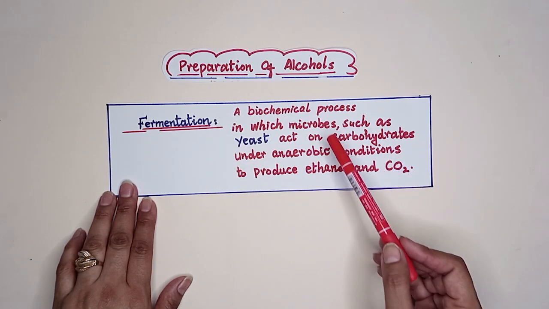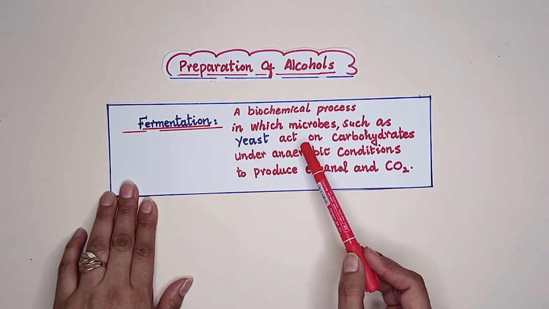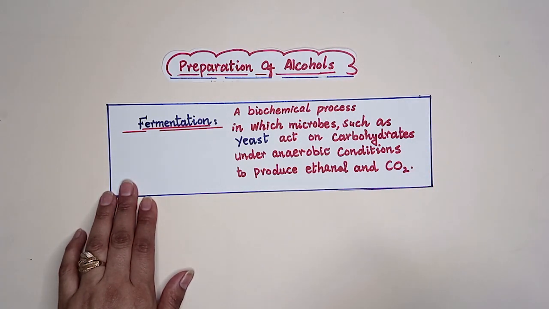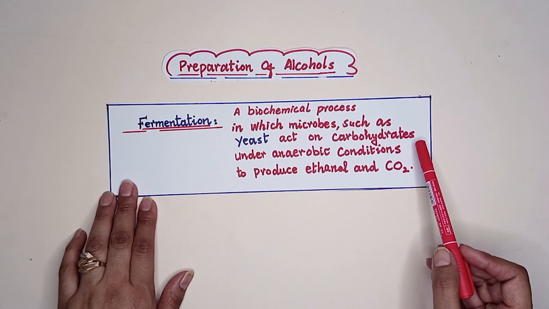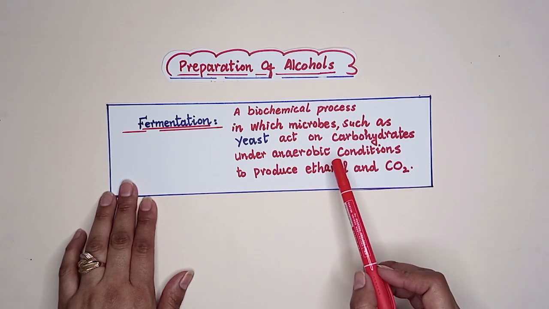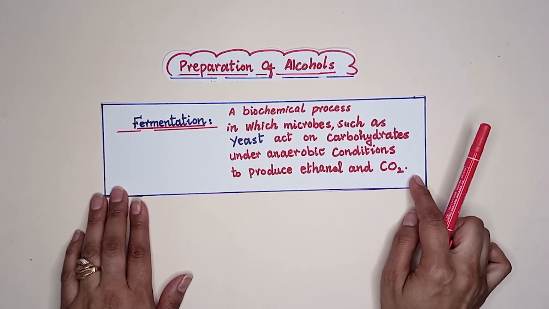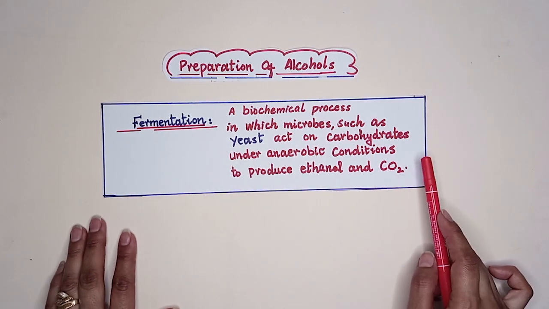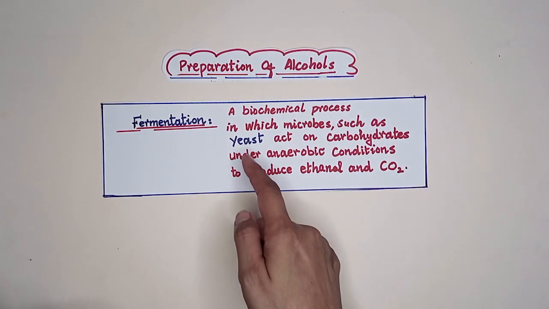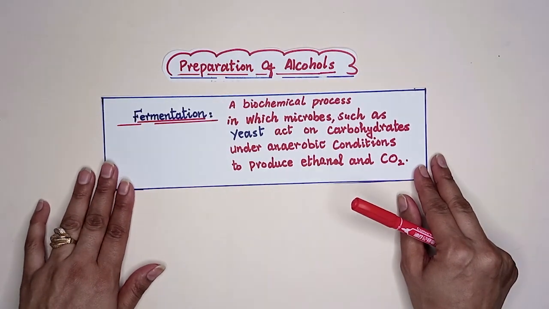The carbohydrates may be starch solution, sucrose, or glucose solutions. Anaerobic conditions mean the absence of oxygen. So in the absence of oxygen, it will produce ethanol and carbon dioxide gas. Alcohols will be prepared in the presence of yeast in anaerobic conditions.